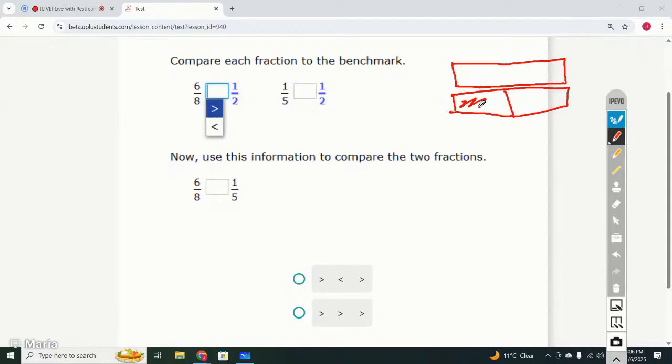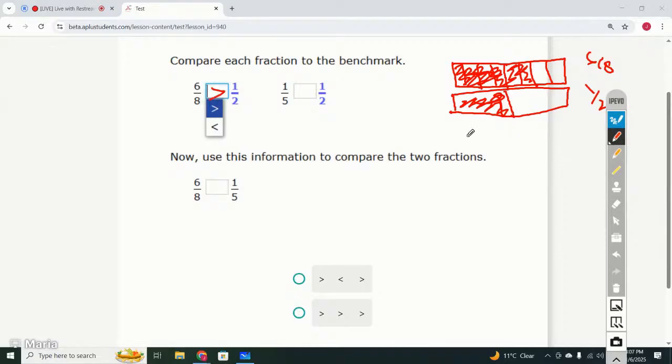Okay, this is 1 by 2, right? 1, 2, 3, 4, 5, 6, 7, 8. 6 of them are colored. 1, 2, 3, 4, 5, 6. This is 6 by 8. So you can see 6 by 8 is greater than half, right?